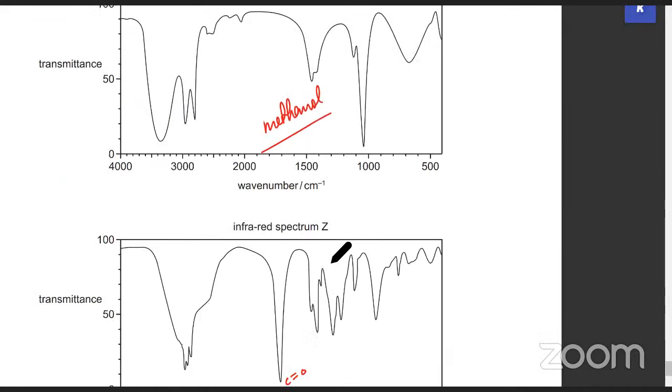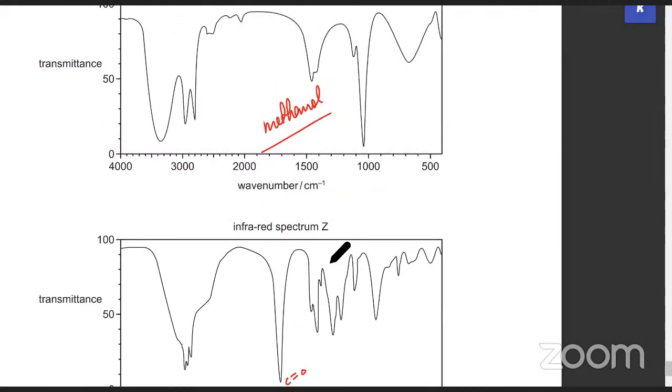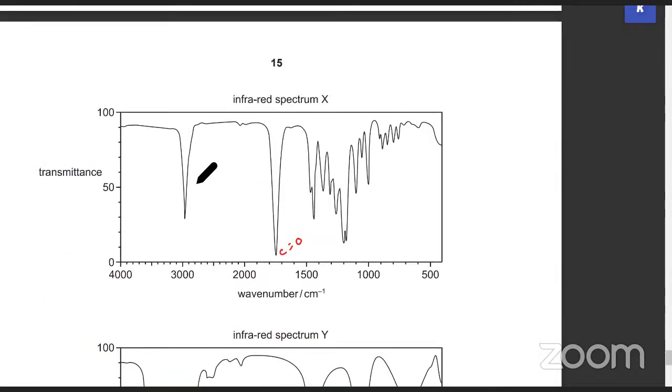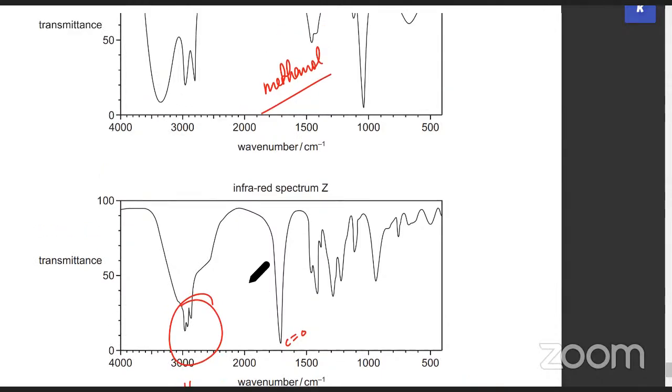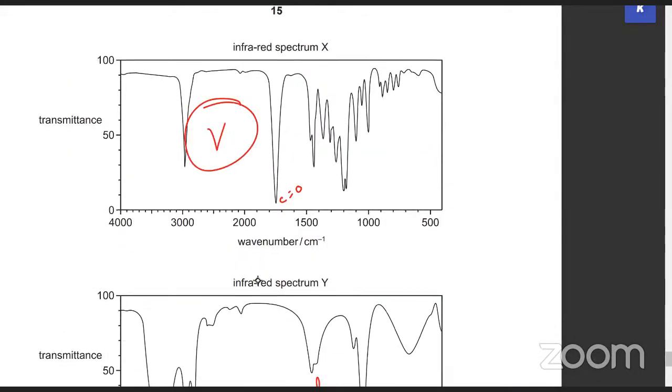The strong and very broad one is not methanol, that's out. So this must be 3000. This one that is coming must be the OH from the carboxylic acid. So everything is figured out. So which one is V? It's the last one. This must be V. Okay, that's your V.